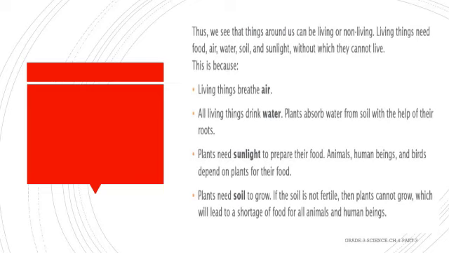If the soil is not fertile, then the plant cannot grow, which will lead to a shortage of food for all the animals and human beings. So we know that soil helps the plant to grow, and the soil should be of good quality. If the soil is not proper, then the plant will not grow, and then we will not get food.